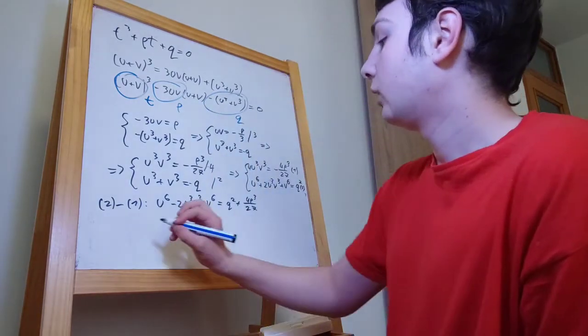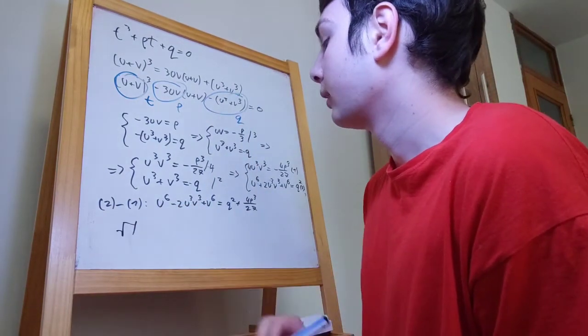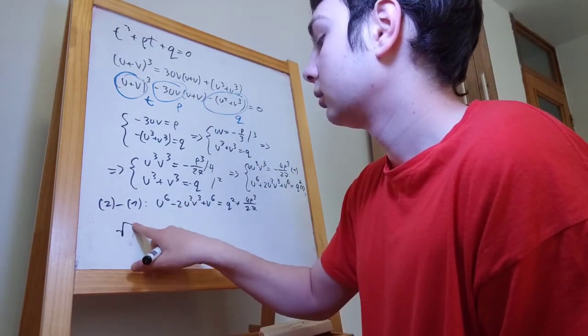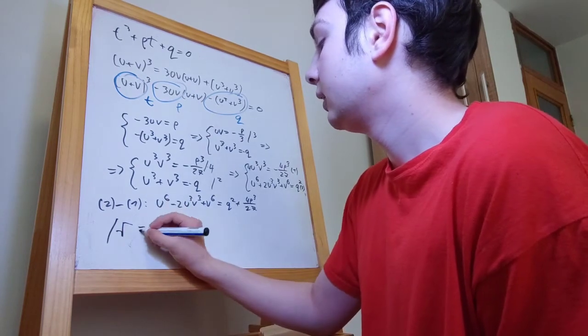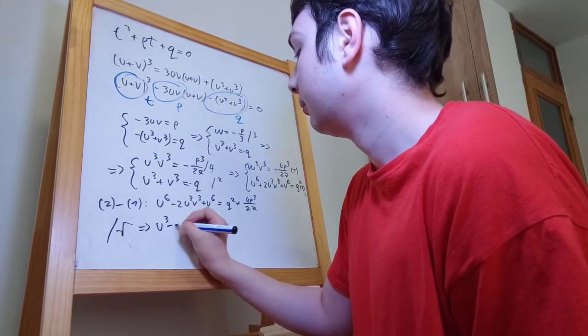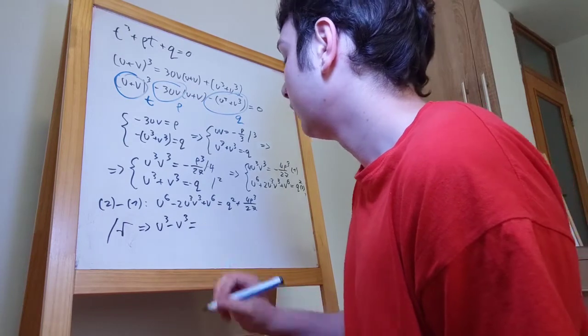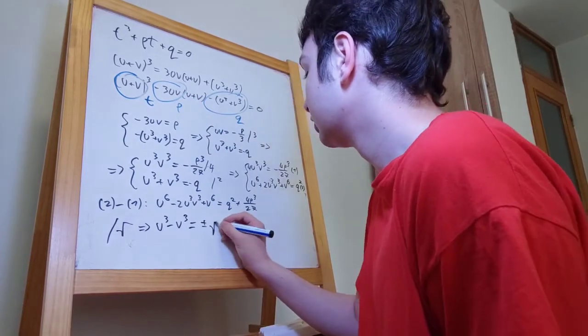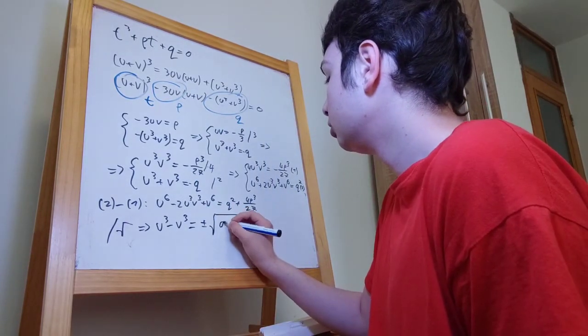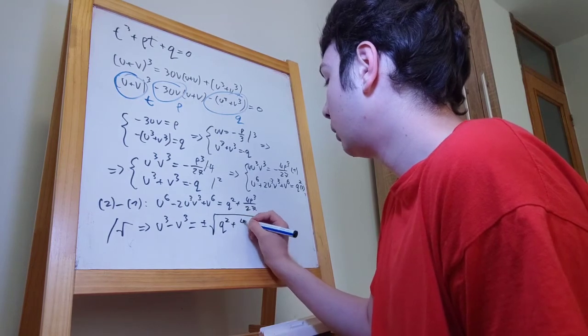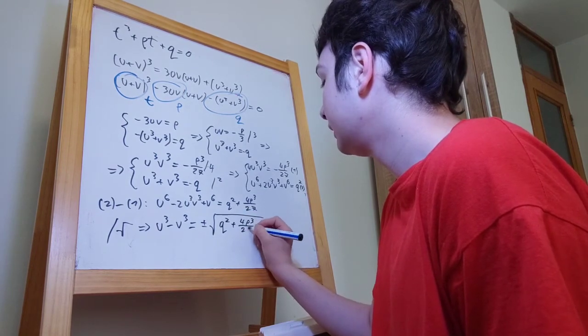Great. Now we take the square root, right here, and we get u cubed minus v cubed is equal to plus or minus the square root of q squared plus 4p cubed over 27.